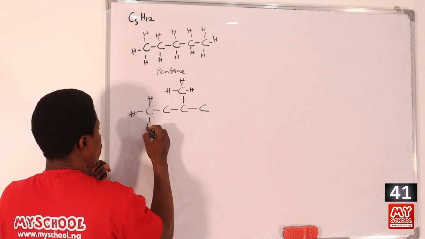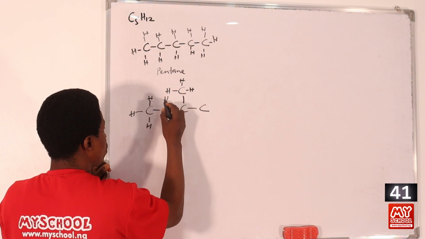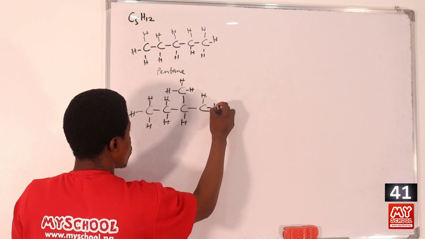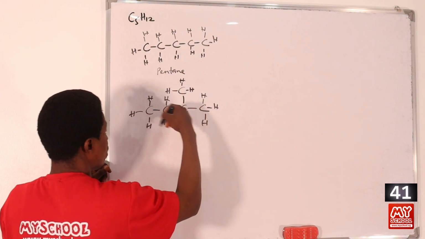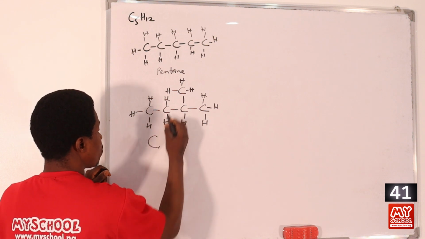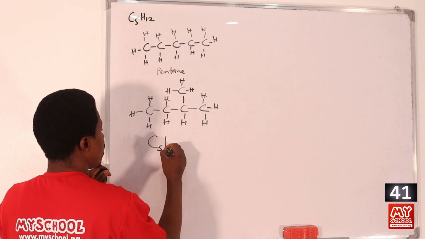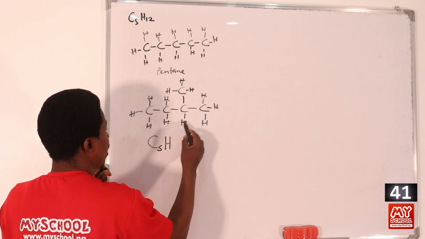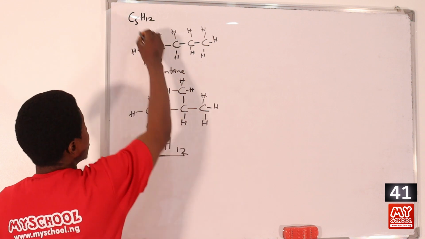So let's count together. How many carbon atoms do we have? 1, 2, 3, 4, plus this 5. That's C5. Then how many hydrogens? 1, 2, 3, 4, 5, 6, 7, 8, 9, 10, 11, 12. Can you see that?